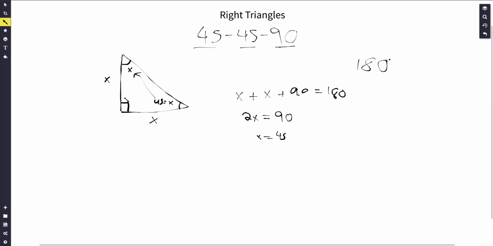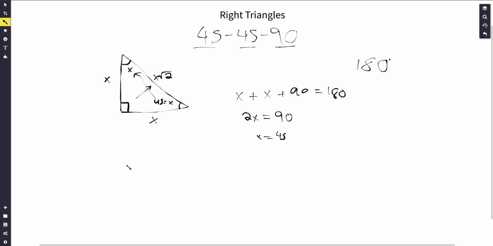But the one across the 90-degree angle, if you just draw an arrow like this, is going to be denoted as x root 2. So this can be really helpful if we're given just one side, like say if this was 2 and we had to find the hypotenuse. Well, we know that both the legs are equal to x. Then we just plug x into the hypotenuse equation here, and then we know the hypotenuse is 2 root 2.